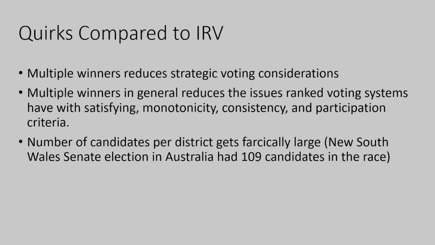So the difference from one riding to the next is not much. Because of that, a lot of people and a lot of parties that have a decent amount of support, but it's too thin to win any single first-past-the-post district, have a chance of actually winning a seat in an STV district. So you get more candidates running.